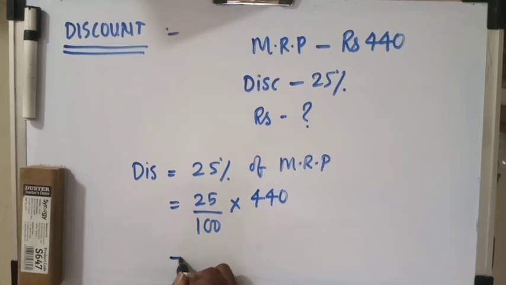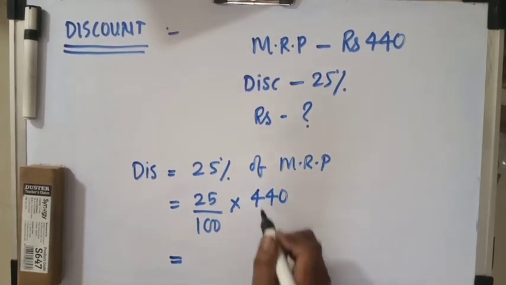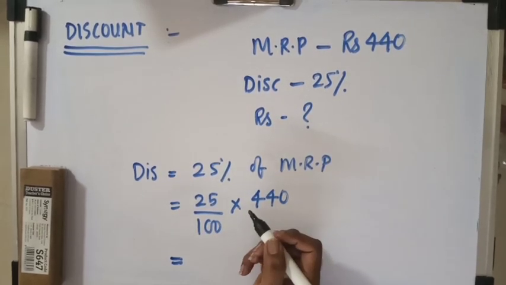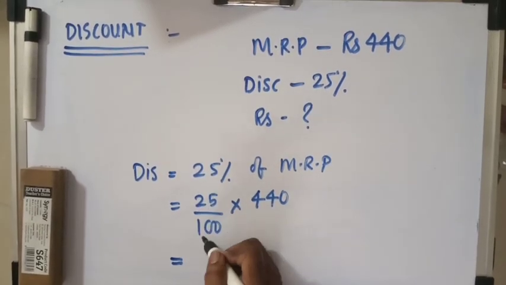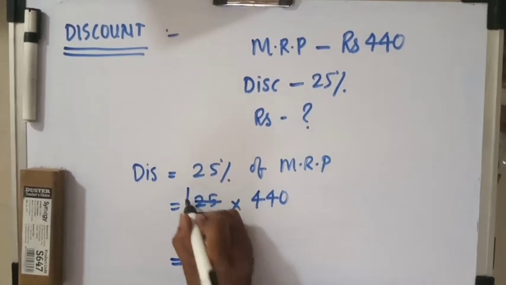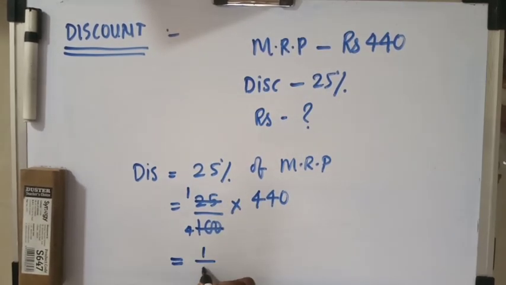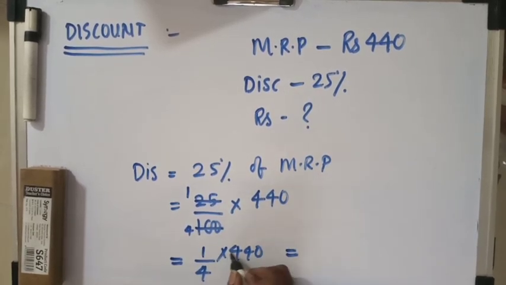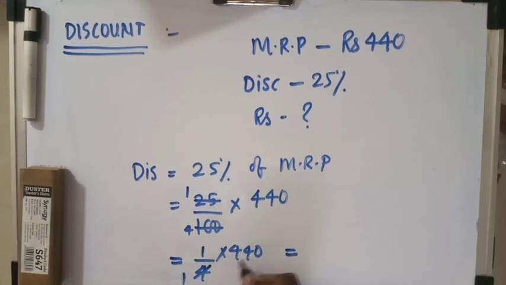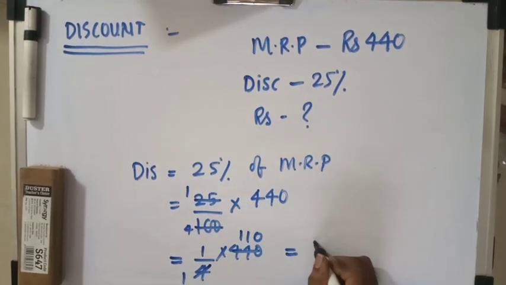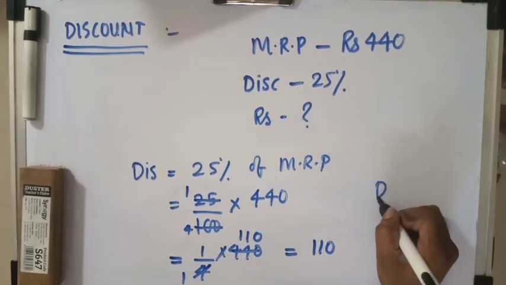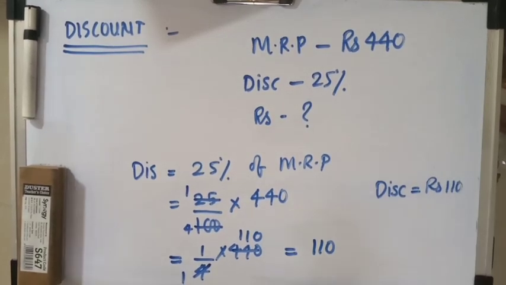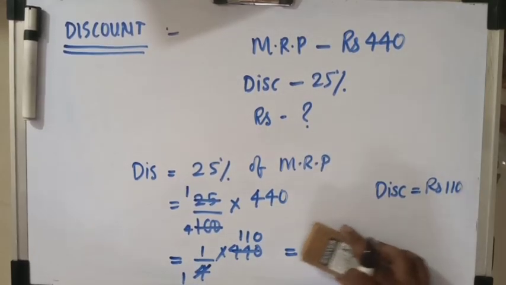Okay children, so what does this amount to? 25 fours are 100, so this gives me 1 upon 4 into 440. This is nothing but 110, because 4 ones are 4, 4 tens are 40. That means here the discount that I got was rupees 110.